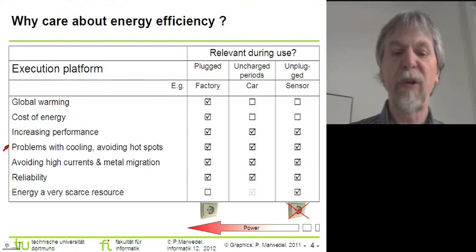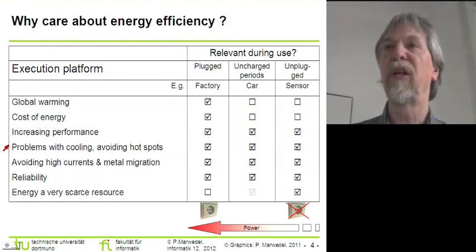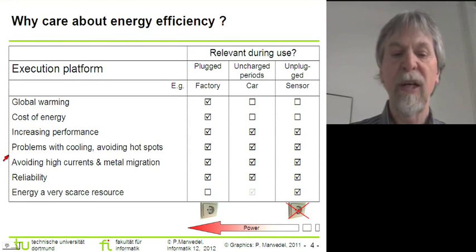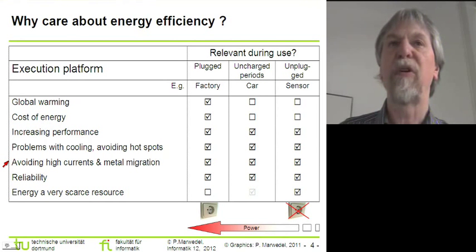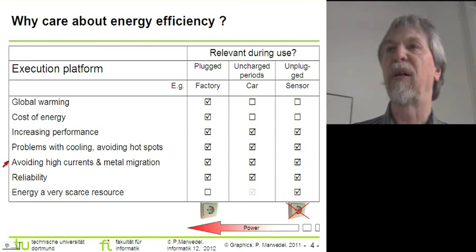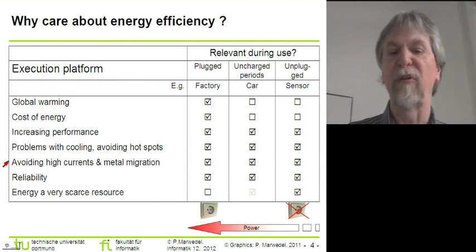And resulting from the increased amount of energy, we have problems with cooling. We have to consider the thermal effects. We have to avoid hotspots on our systems. And linked to the increased energy consumption, we also have the problem of high currents, especially as device dimensions are getting smaller and smaller.